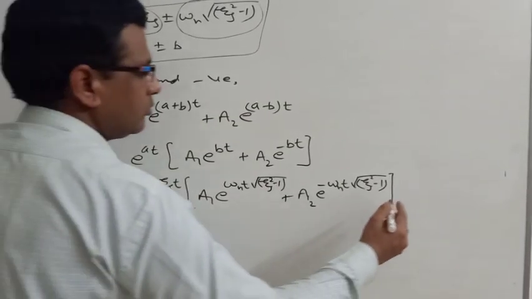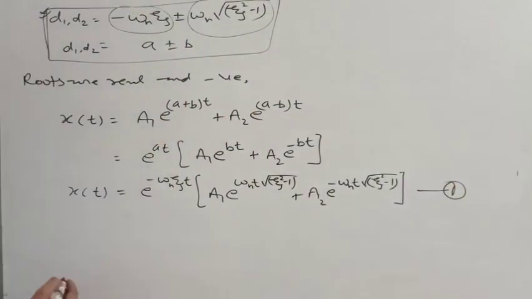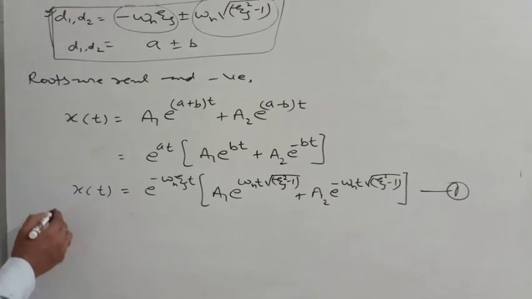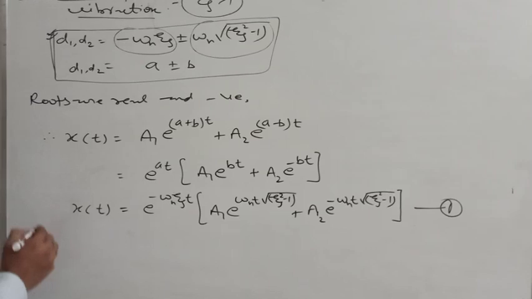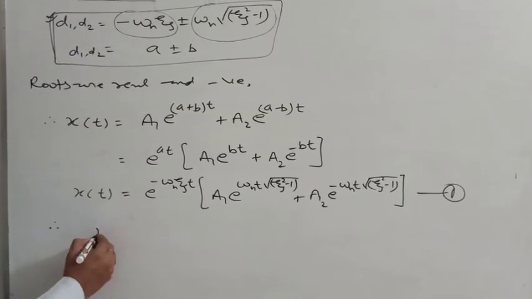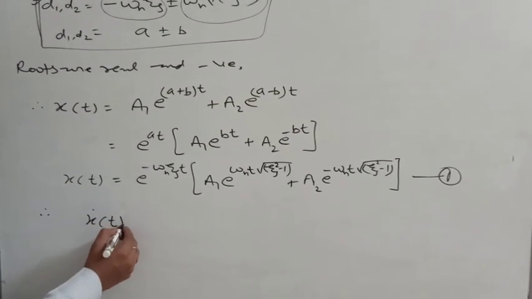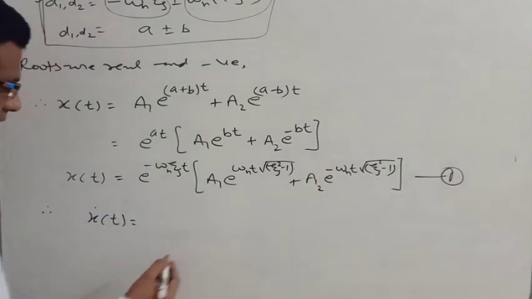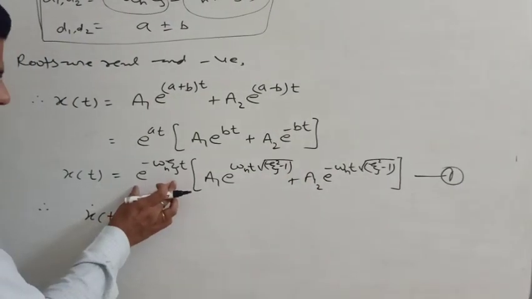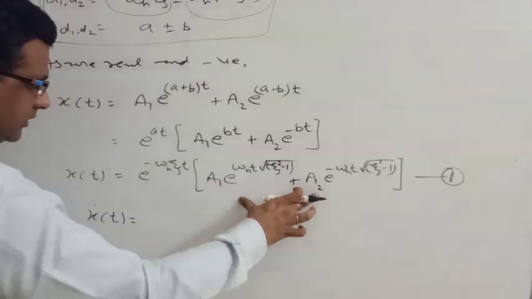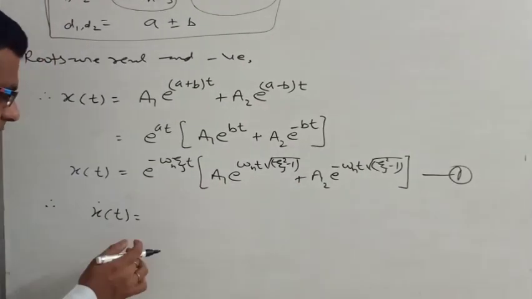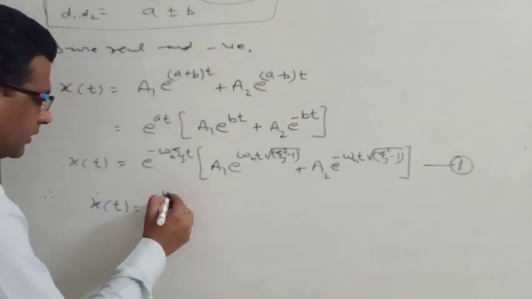This is our equation of motion. We can define the equation of motion by this, and if we are considering the velocity, then we take the first derivative of this, treating this as a constant and finding the differential of this.